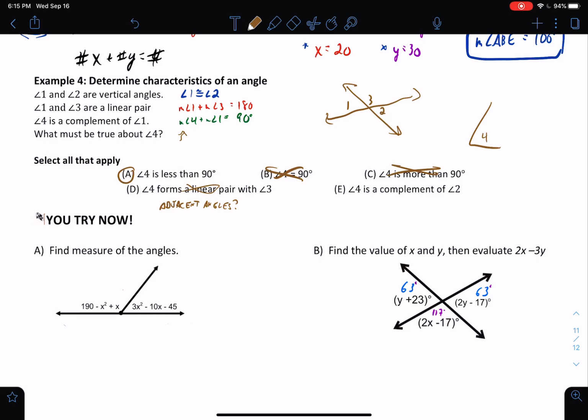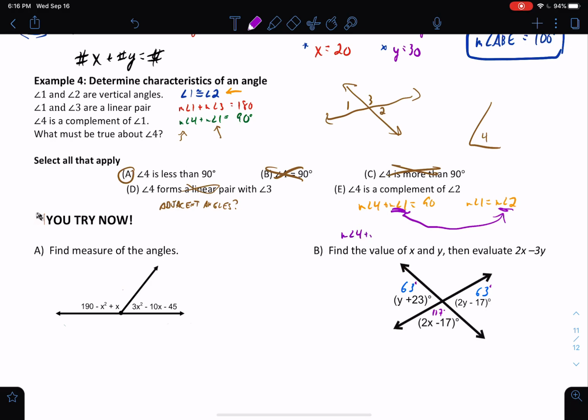And angle 4 is a complement of angle 2. Well, we know angle 4 and angle 1 are complementary. We also know right here that angle 1 and angle 2 are the same exact thing. So, if the measure of angle 4 plus the measure of angle 1 is equal to 90, and if we know the measure of angle 1 equals the measure of angle 2, because the angles are congruent, then what I can do is I can swap out angle 2 for angle 1.